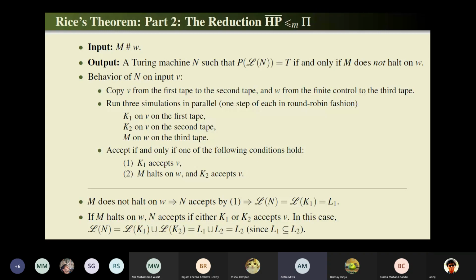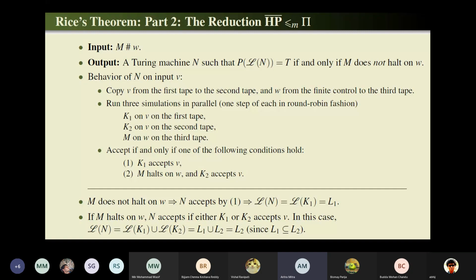If something is in L2 and K1 does not halt on V, then K2's behavior on V, conditioned on the halting of M on W, is not exactly coming into the picture. Yes, sir. Got it.